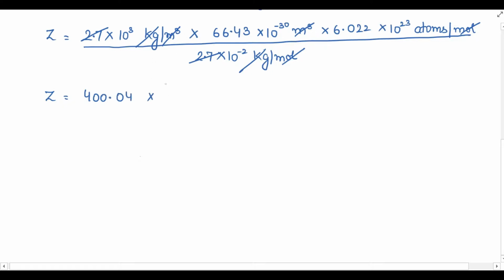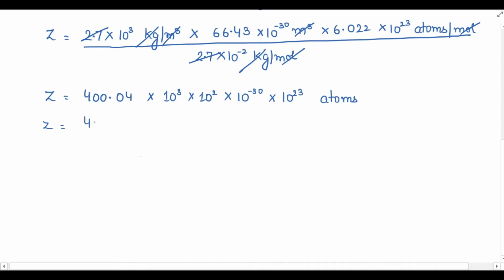Now let's compile the powers. Here 10^3. Here this power is 10^-2 in the denominator; when I take this power in the numerator, it will be 10^2, into 10^-30 into 10^23. Unit is atoms only. Now we know that the powers are in multiplication, so simply add them.